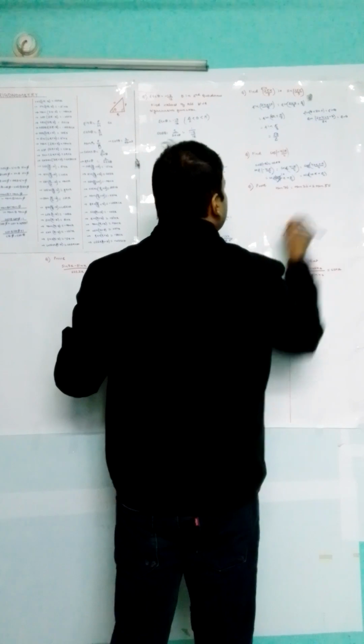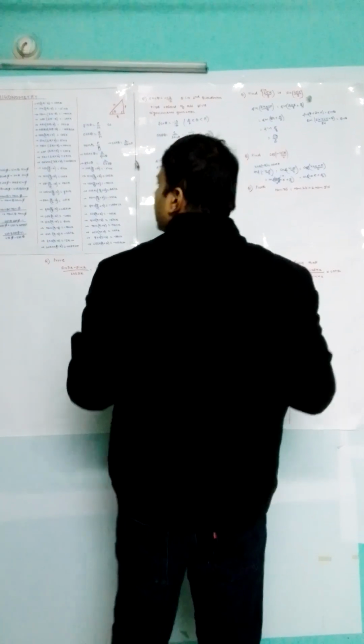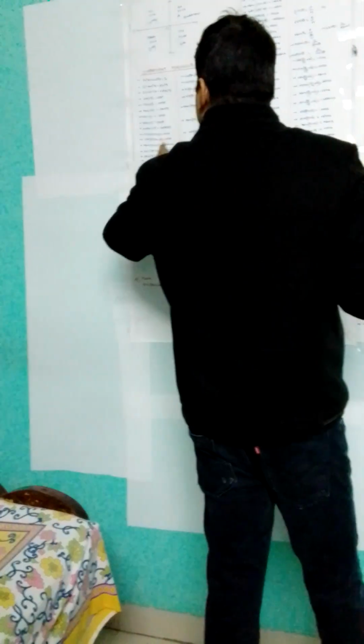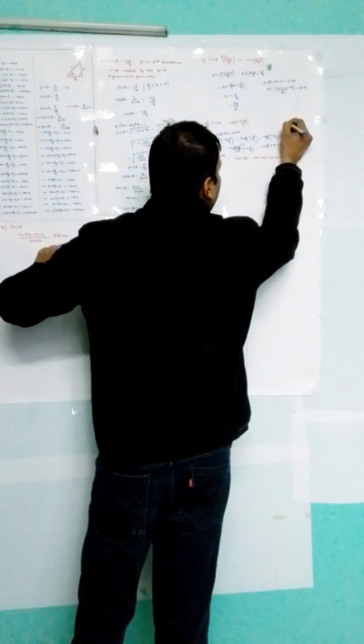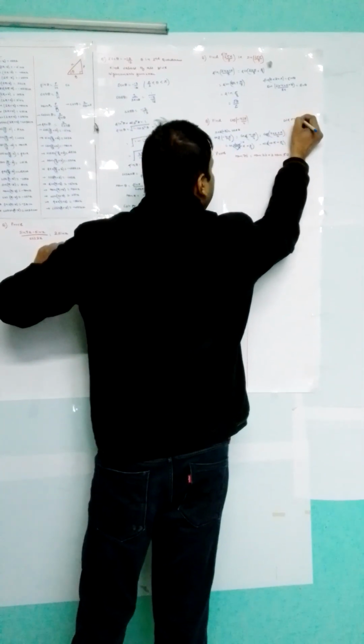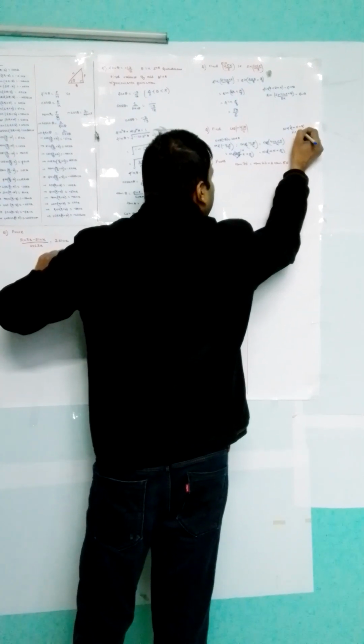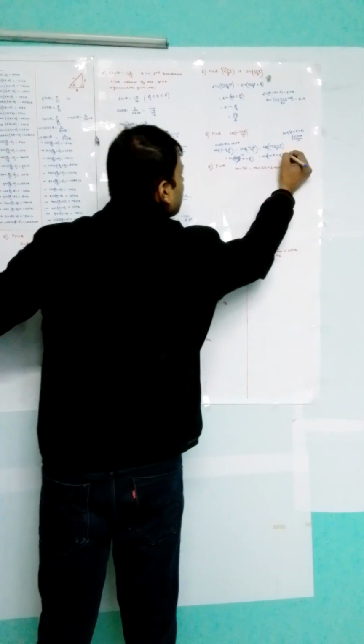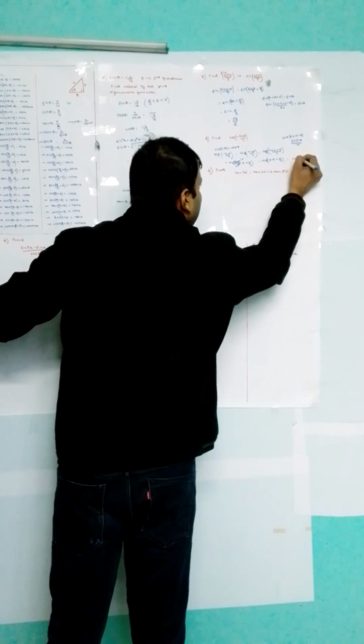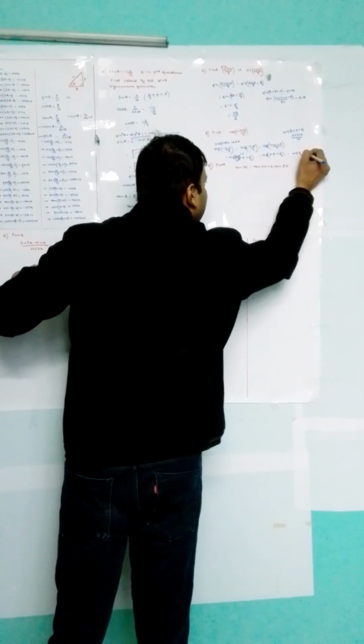And look, it is cos of 2n pi plus theta. So 2 into 5 into pi, which is 10 pi. So it will become cos pi by 4. And cos pi by 4 is 1 by root 2.